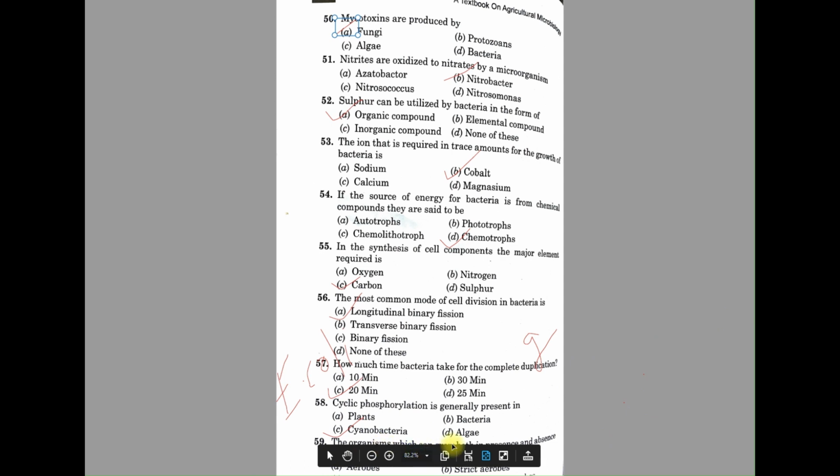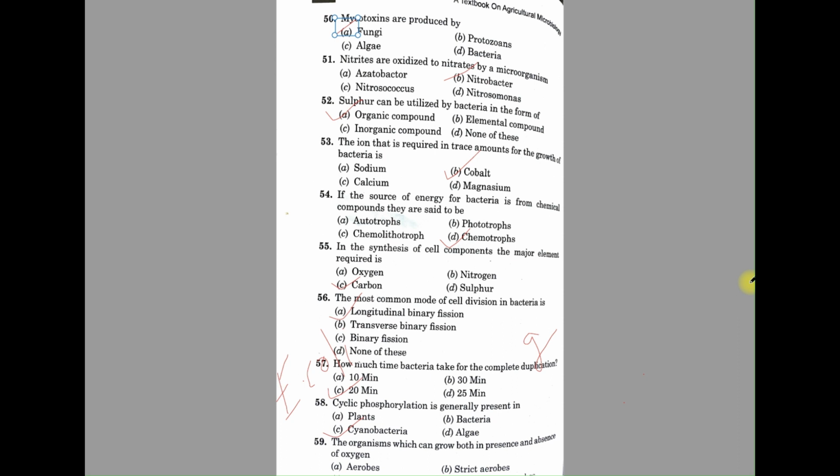Now question number 59. There is some problem in the question, it is not very clear. The organism which can grow in both the presence and absence of oxygen. Here the options are A. Aerobes and B. Strict aerobes. Option C, although it is missing here, is anaerobes, and option D is obligatory anaerobes.